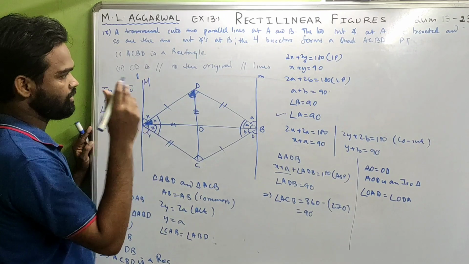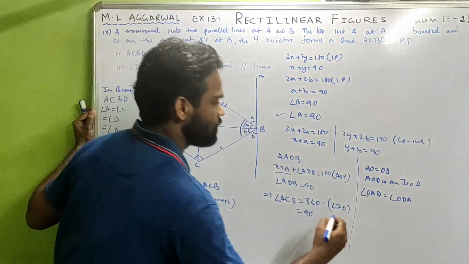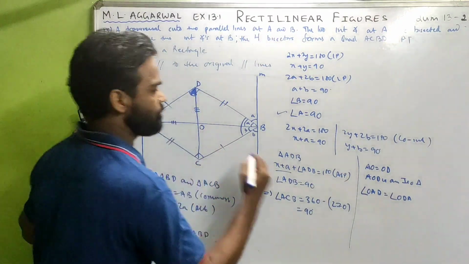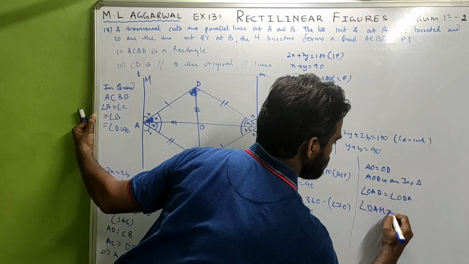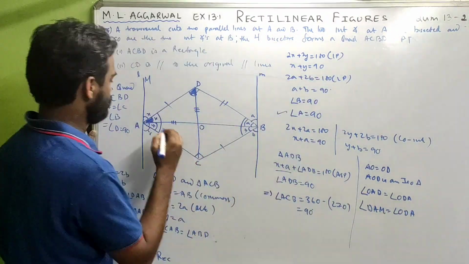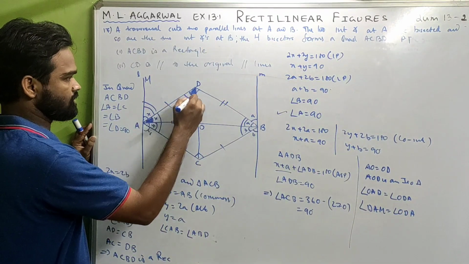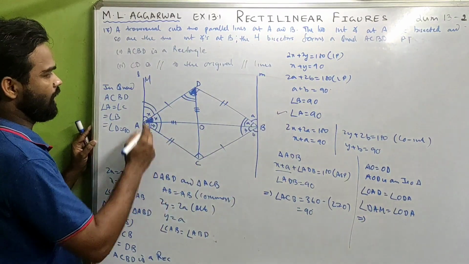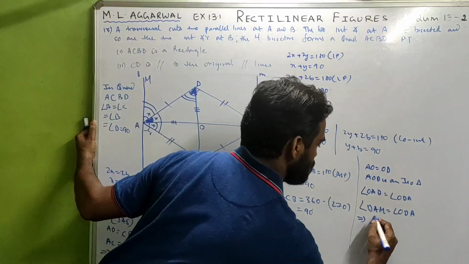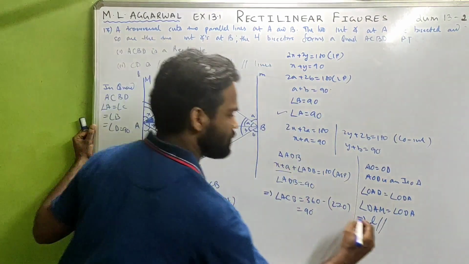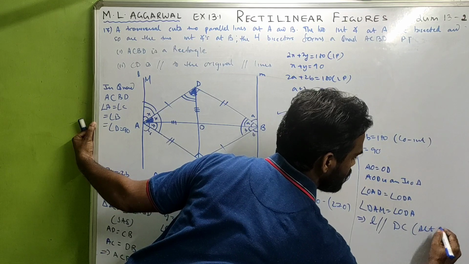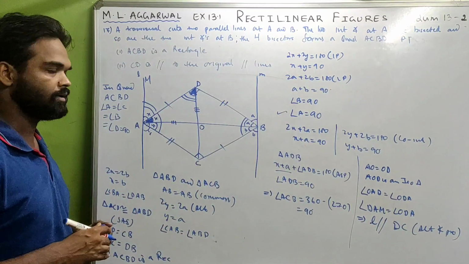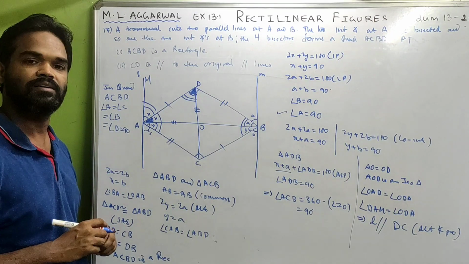Suppose this is M, so instead of OAD, I'll write DAM. So DAM is equal to ODA, which means these two angles are equal and they are alternate. And if they are alternate, line L is parallel to DC by the alternate angle property. Is it clear?